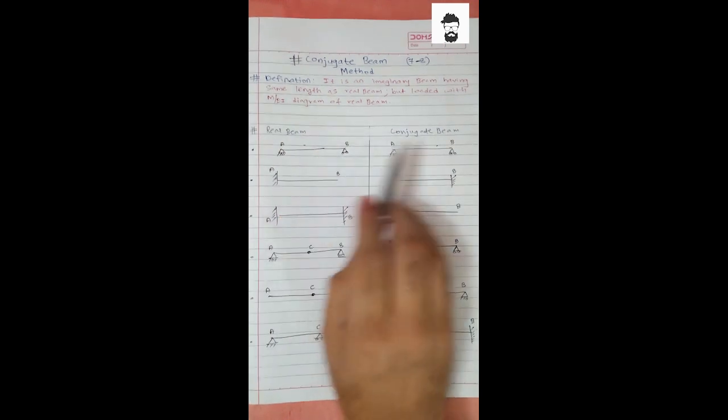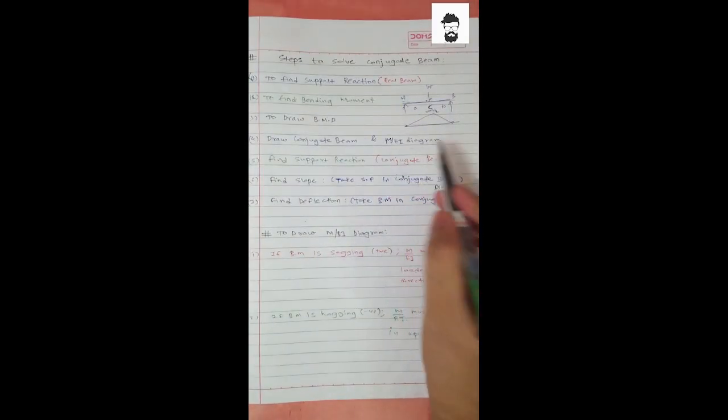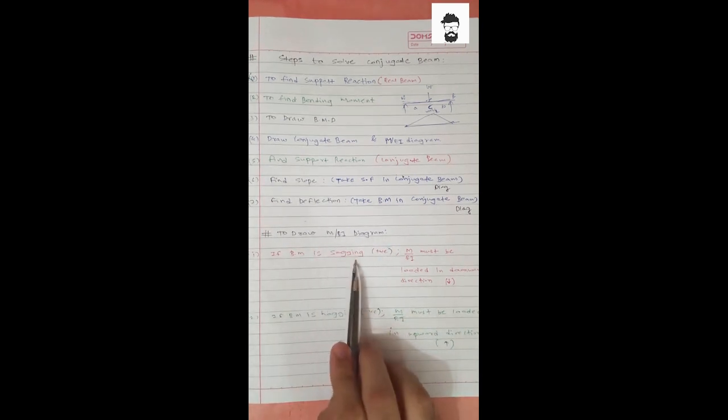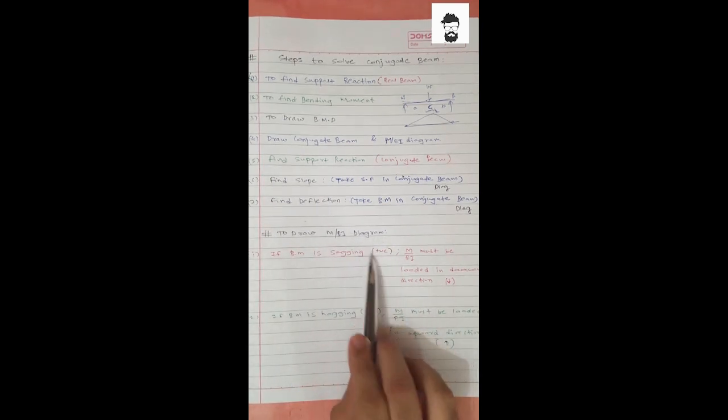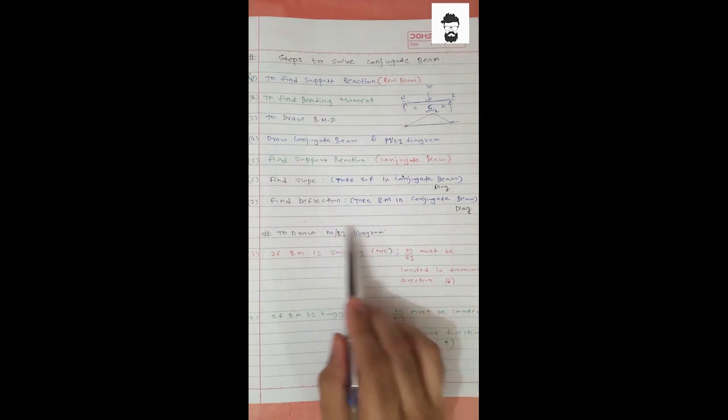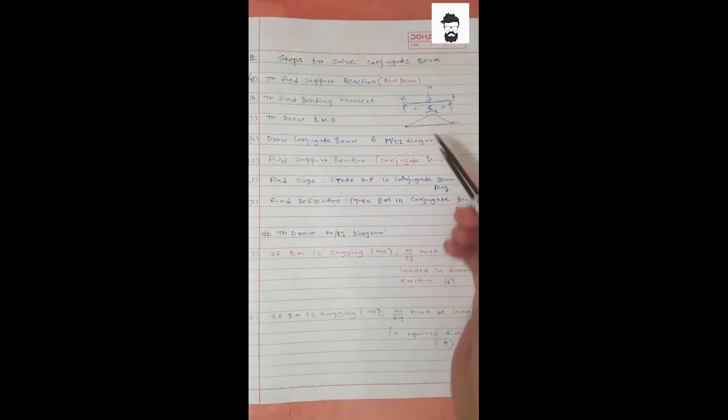Conjugate beam, just now we understood how to draw conjugate beam from a real beam. But what about M by EI diagram? To draw M by EI diagram, if bending moment is sagging, meaning positive bending moment, then M by EI must be loaded in downward direction. Because M by EI diagram is nothing but load of conjugate beam.